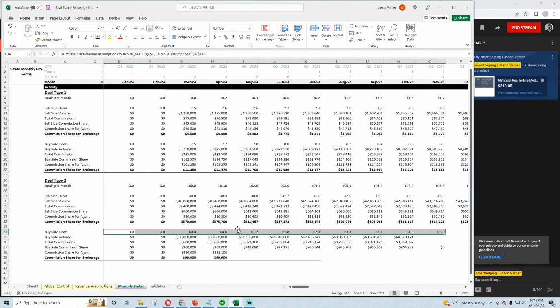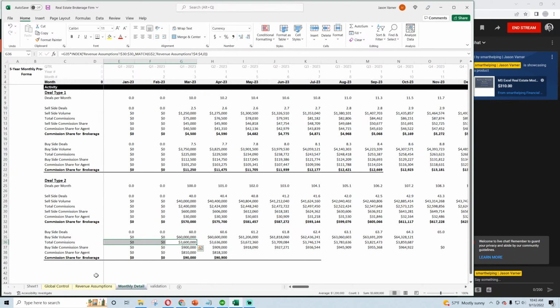Okay. Buy side volume, that's fine. You're taking this times 28, which is this, because this is the same for both buy and sell side. Then we have total commissions. That is times 30, which is good. And we have buy side share of commission of 33. Nope, now see, that should be, this is share of commission on the sell side. So buy side is 37. Row 37.